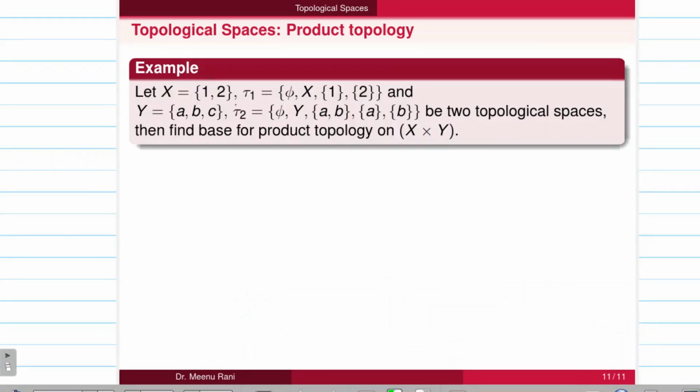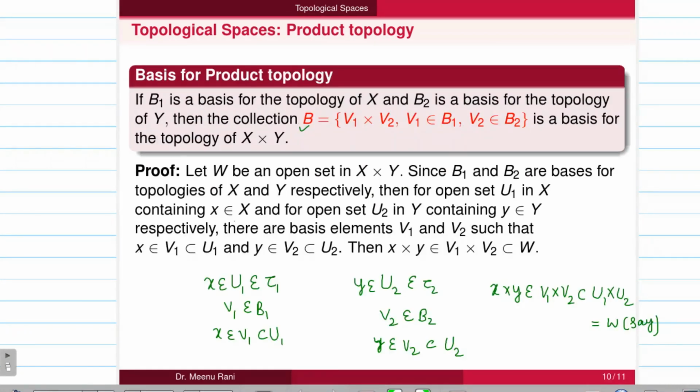Next we have an example on it. Let X be a set and tau1 is a topology on it and Y is another set and tau2 is a topology on Y. Then find the basis for the product topology on X cross Y. Now from the previous result, we know that this collection B forms a basis for the product topology, in which we have taken all the cross products of the members of B1 and B2.